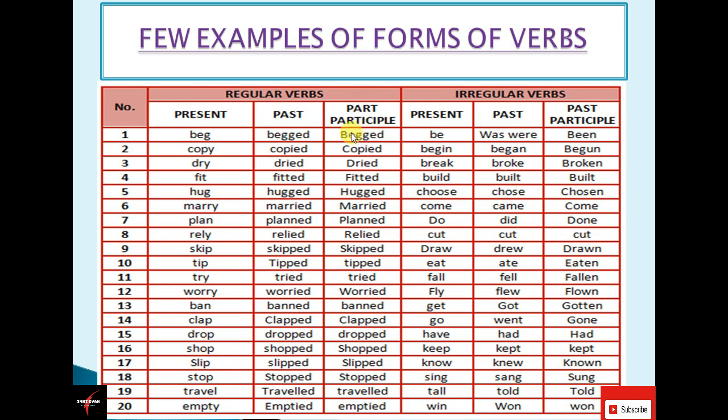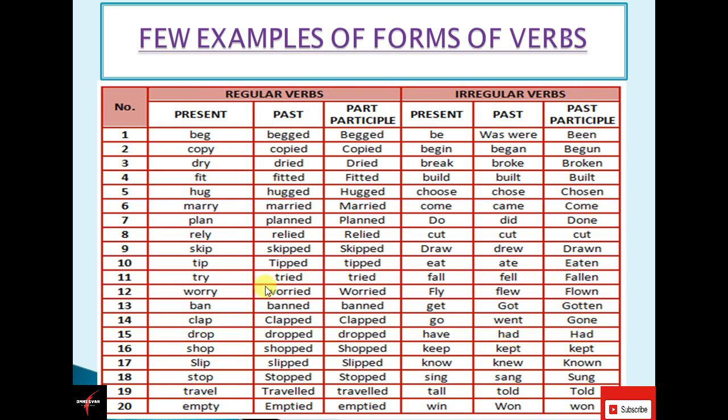Then hug becomes hugged and hugged, empty becomes emptied, emptied. Win becomes won, won. Sing becomes sang, sung. Know becomes knew, known. Keep becomes kept, kept. Go becomes went, gone. So present is go, past is went, past participle is gone.